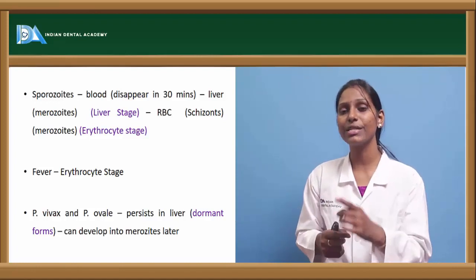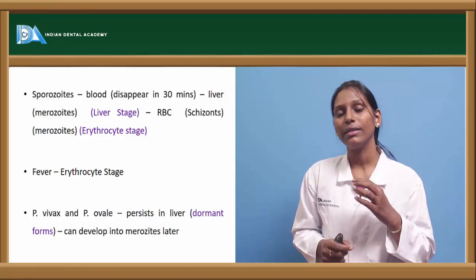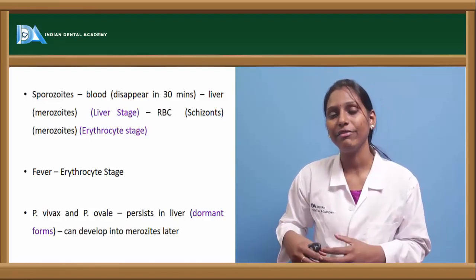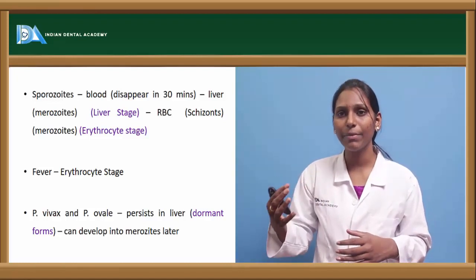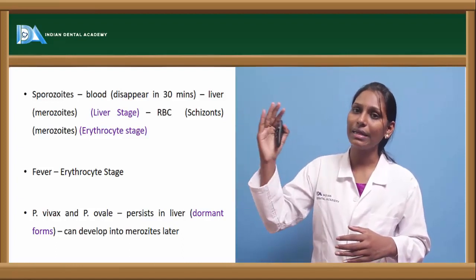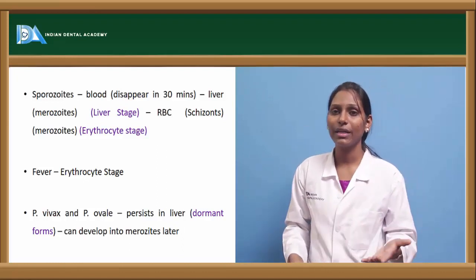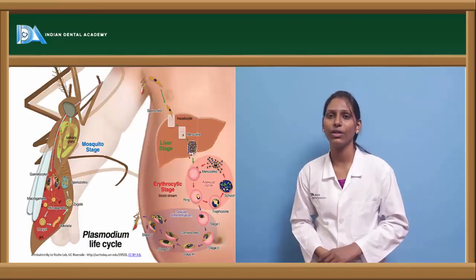So if a patient is infected with Plasmodium vivax or ovale, as they remain dormant within the liver, they can become active in a future period of time, causing malaria then. There need not be an immediate malarial action in the case of vivax and ovale.